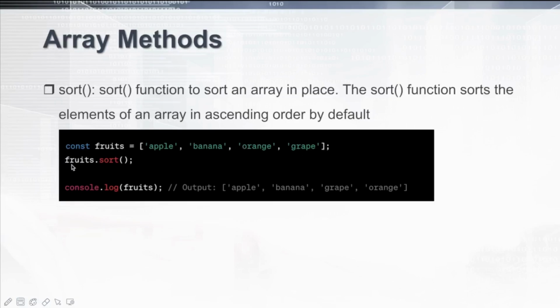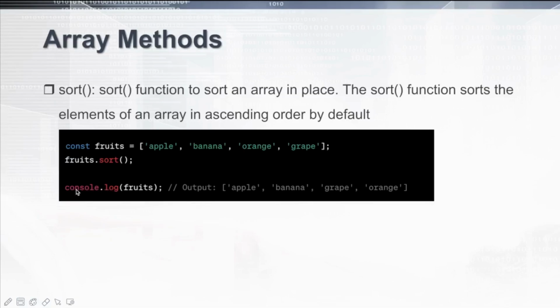We call fruits.sort, so we call the sort method on the fruits array, and we get this result. This is the output when we print the fruits array. In this case, we have apple, banana, grape, and orange. We can see a rearrangement here because of the sorting.